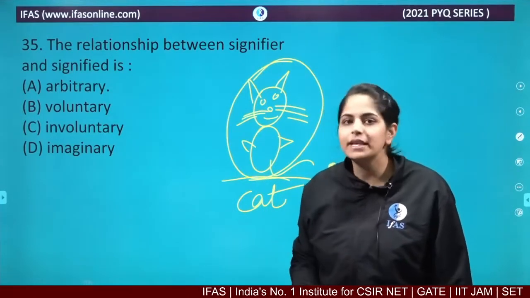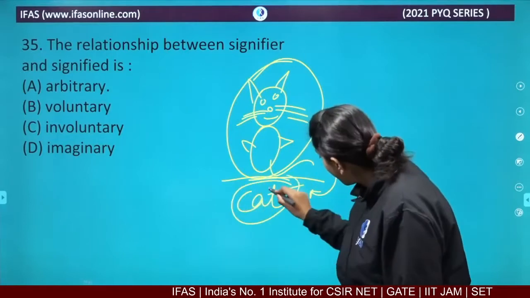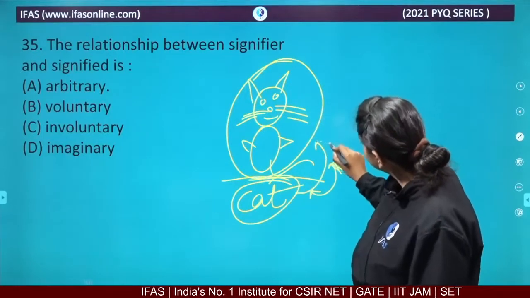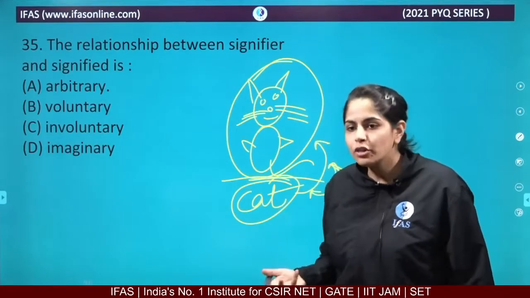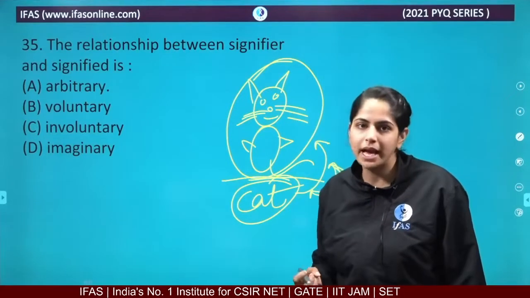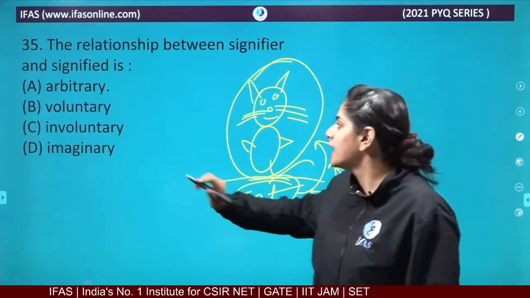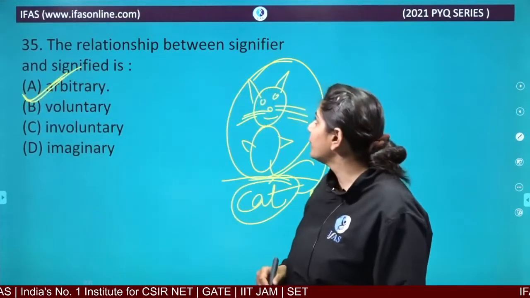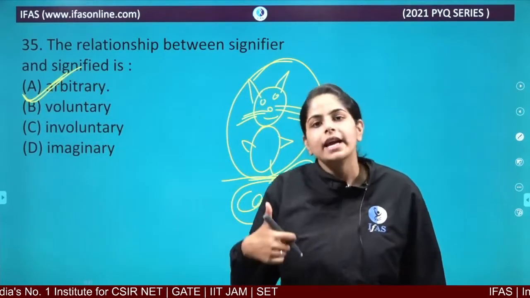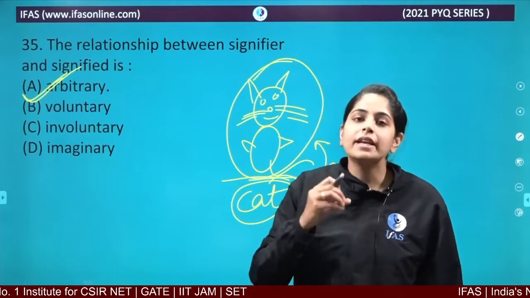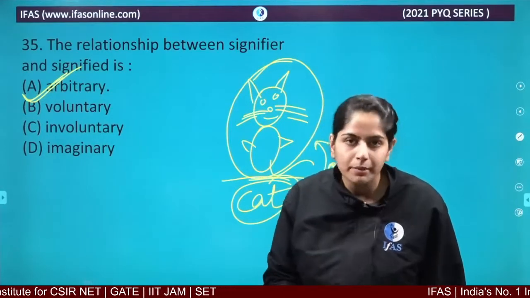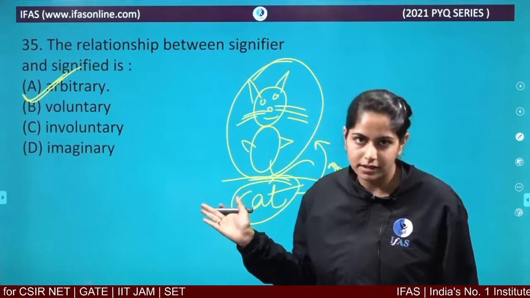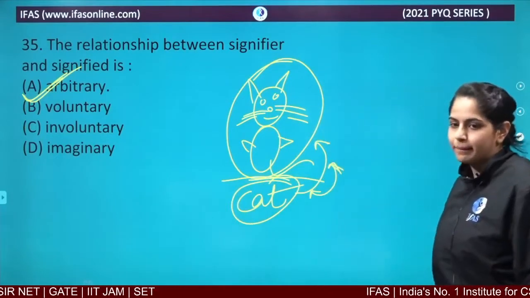There is no reason behind it. We don't know the reason behind it. That is why we say it is arbitrary. So the relation between the signifier and the signified is arbitrary, which means there is no reason behind why it is said like this. Always remember this.